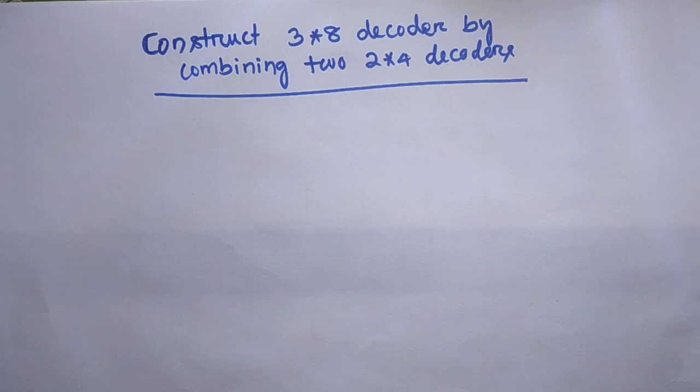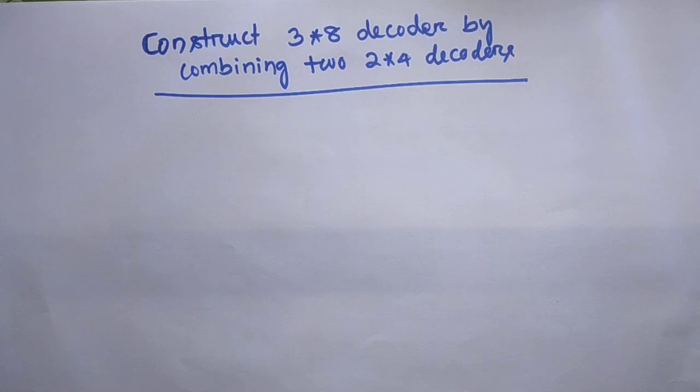Today we will discuss another decoder concept: constructing a 3 into 8 decoder by combining two 2 into 4 decoders. We have already discussed 2 to 4 decoders and 3 to 8 decoders.